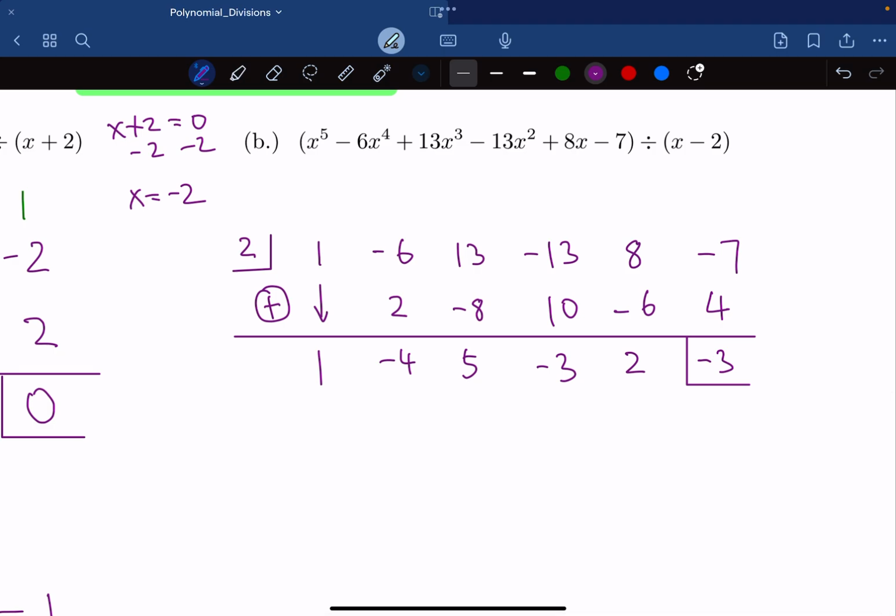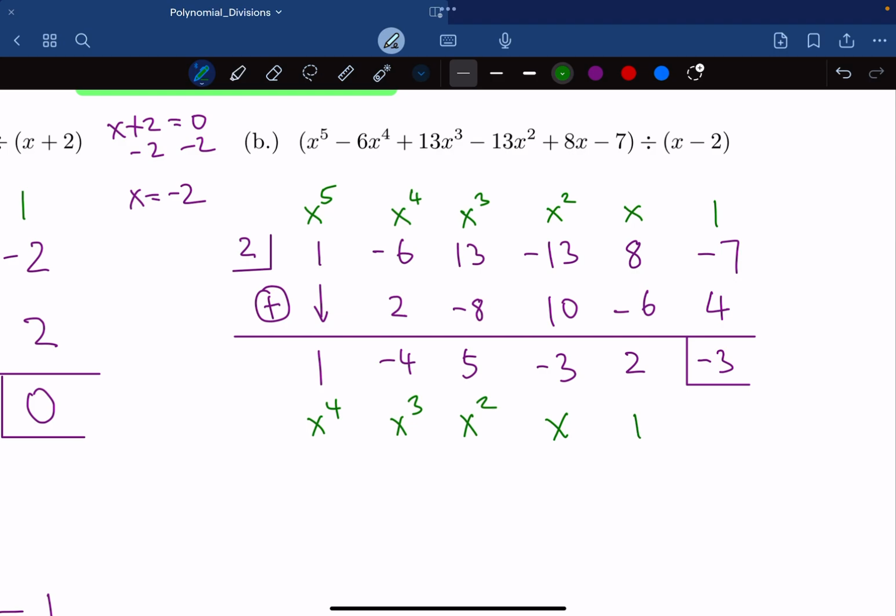Now, again, to write down our answer, we remind ourselves that the 1 is the coefficient for x to the fifth, x to the fourth, x to the third, x squared, x, and constant term, respectively. And then on the bottom, they lose a power. So this is x to the fourth, x to the third, x squared, x, and constant term.